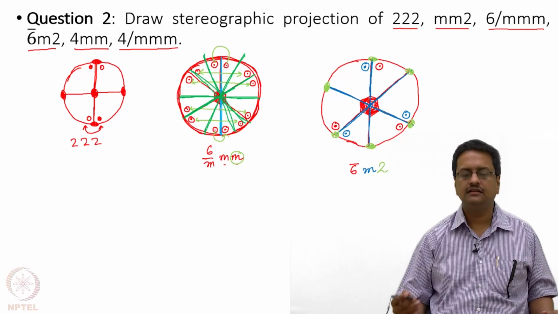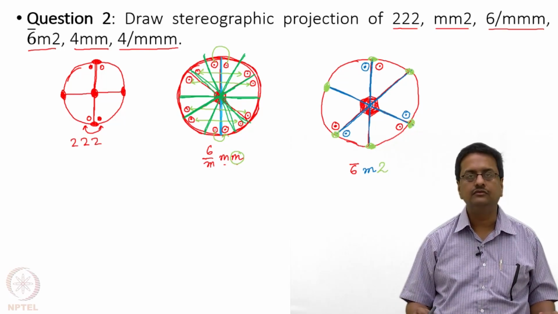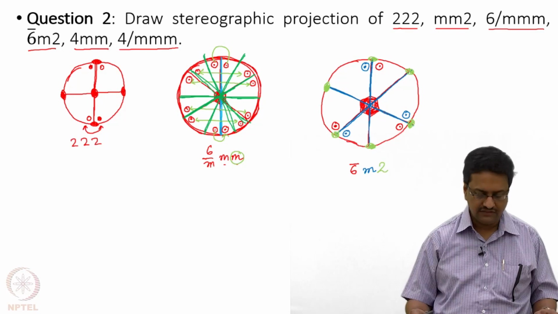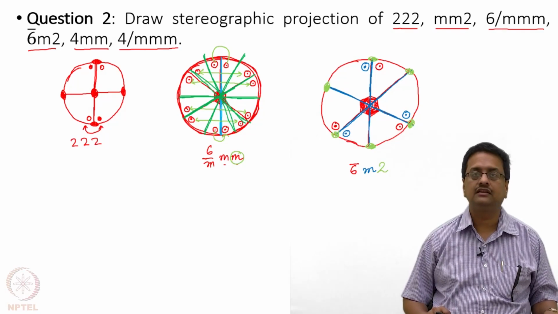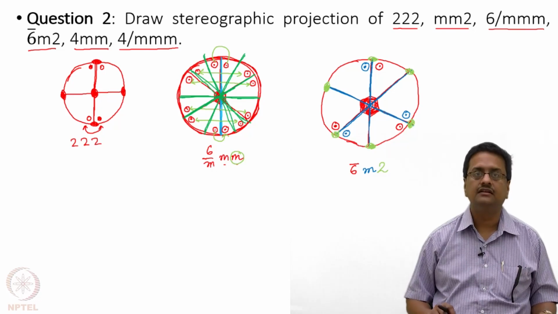So this is the stereographic projection of 6 bar M2. I leave other point groups for you to draw yourself, and you should check the correctness with the answers that will be given at a later stage.